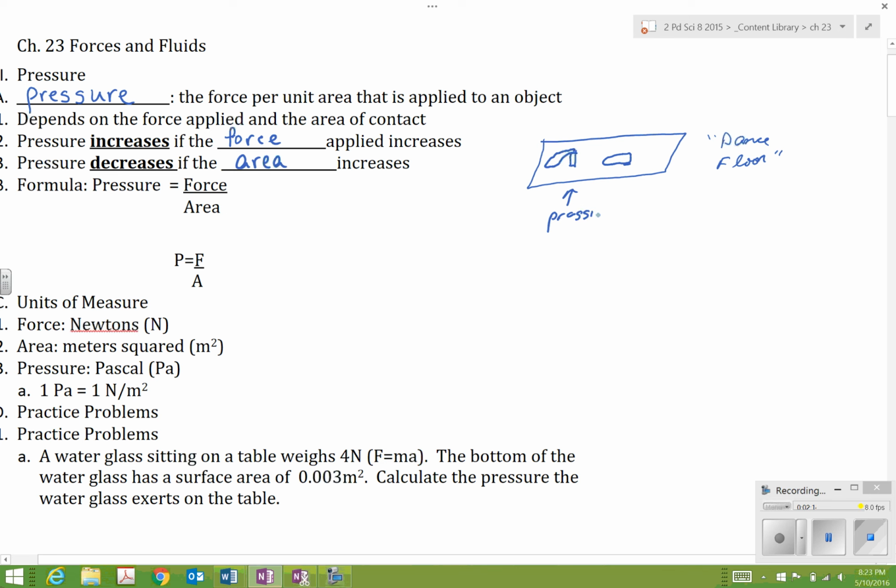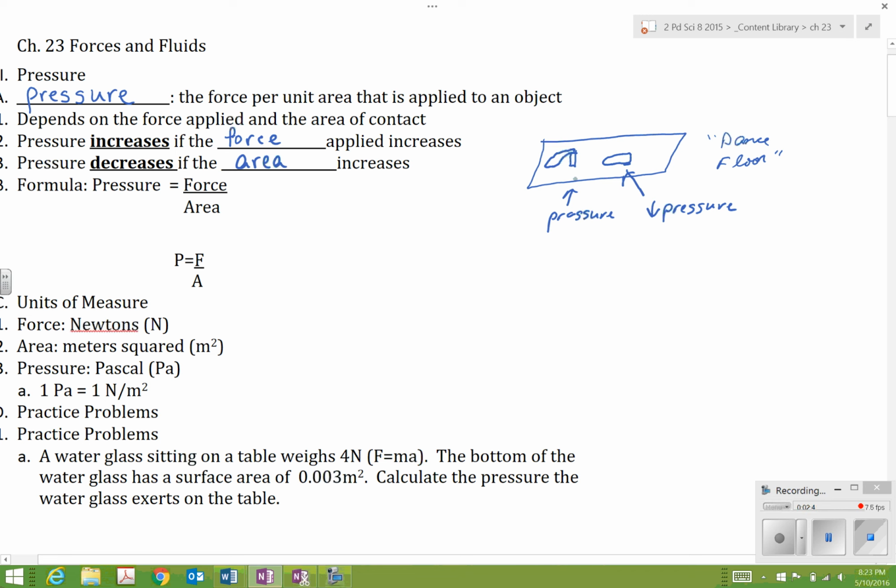This woman with the very low heel will actually have very low pressure because of the area of the shoe in contact with the dance floor. You can also think of it like this. If you go outside and walk into the grass, your heel is always going to sink into the mud or the grass.